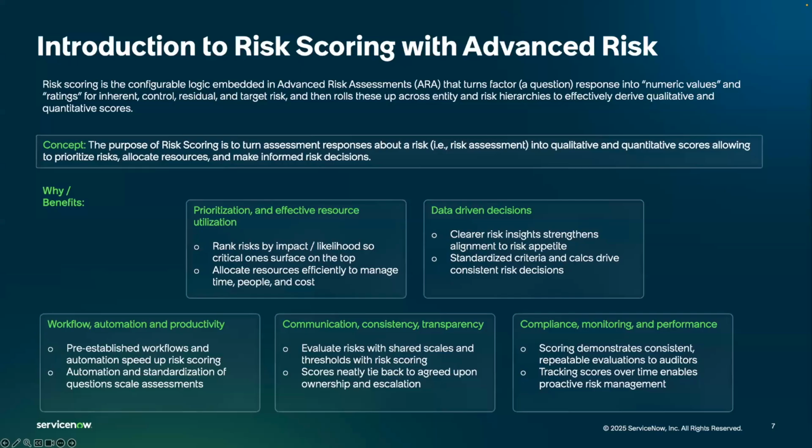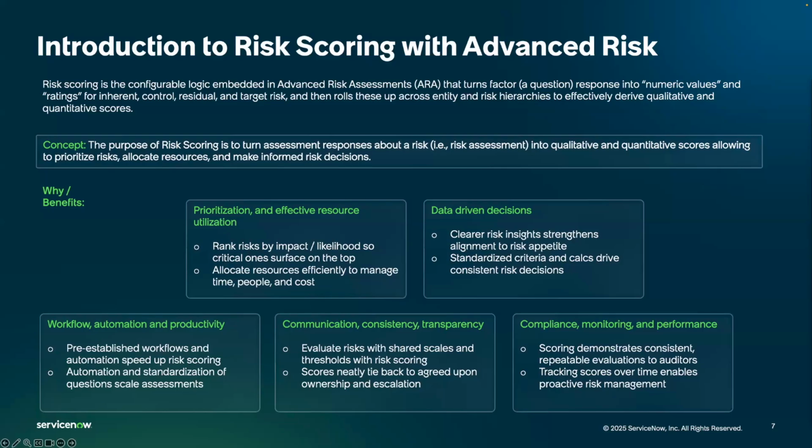And critically, these scores don't just sit at the individual risk level, they roll up across your risk hierarchies and entity hierarchies to give you aggregated views, if aggregated risk reports configurations of the advanced risk application are turned on or are in place.